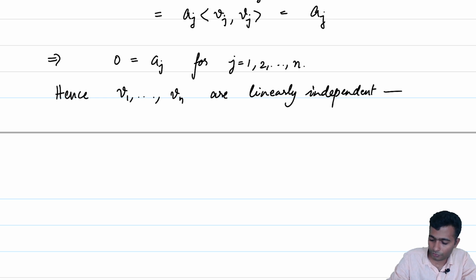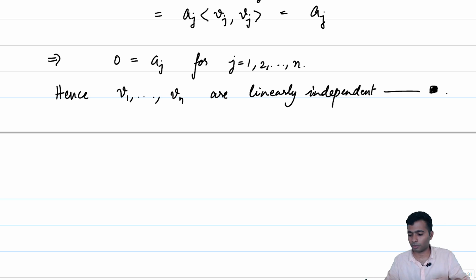Alright, so we gave 2 proofs for this result, but nevertheless it's a good result to keep in mind, and this is just the beginning of many good things that we get out of an orthonormal set of vectors.